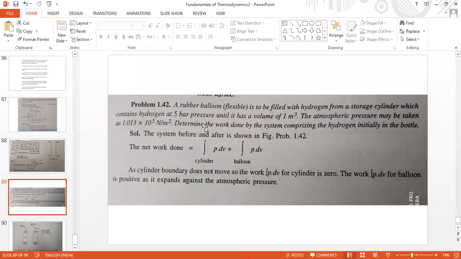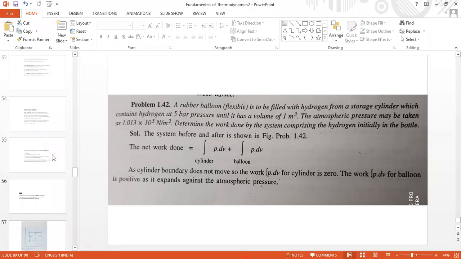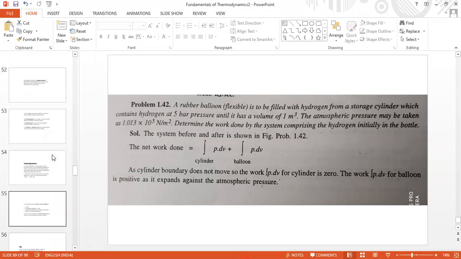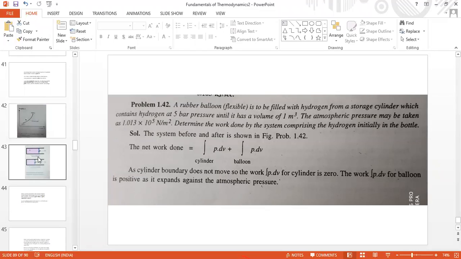What work concept? We have learned in the last classes that the work is given by integral PdV, when there is some expansion of a gas against a piston. In the earlier class we discussed this, you can take this also, for example.